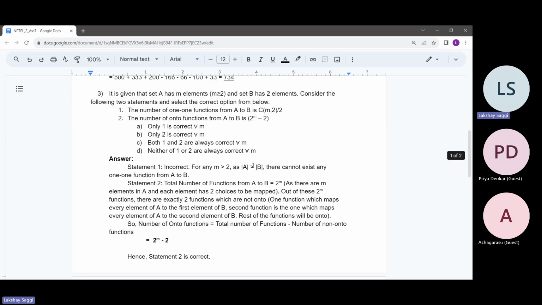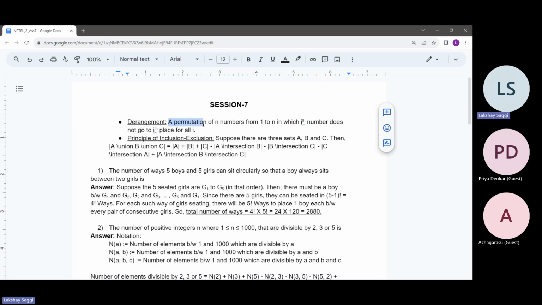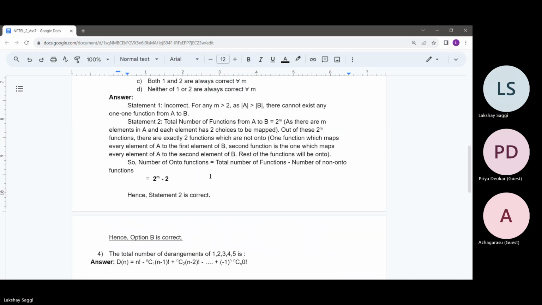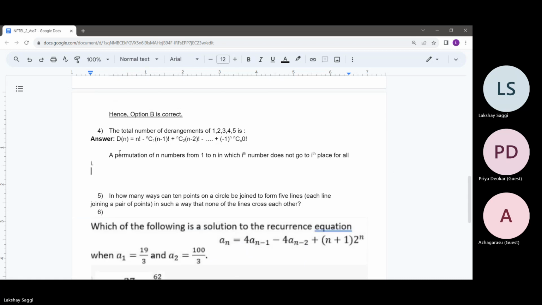So let's copy the definition for derangement. A derangement is a permutation of n numbers from 1 to n in which the ith number does not go to the ith place, and this should be true for all i. The first element should not go to the first place, the second element should not go to the second place, the third element should not go to the third place, and so on. So basically, let's define the sets.